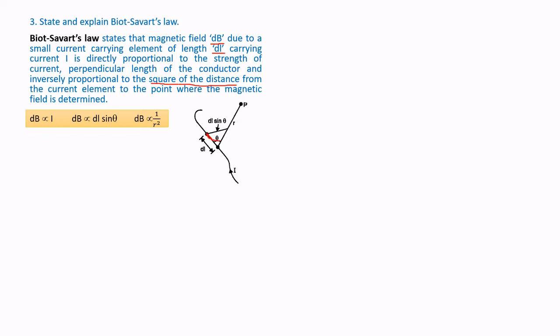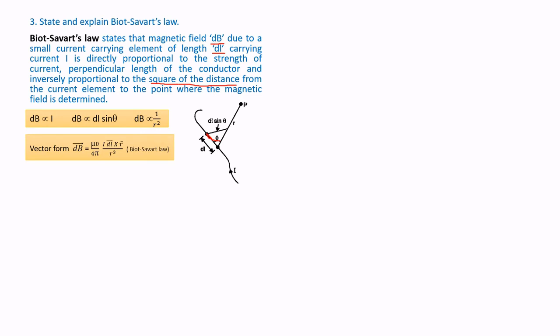Magnetic field density dB is proportional to the current I, and dB is also proportional to dl sin theta, that is the perpendicular to the length, as well as the third point, dB is inversely proportional to r square, that is dB is proportional to 1 by r square.